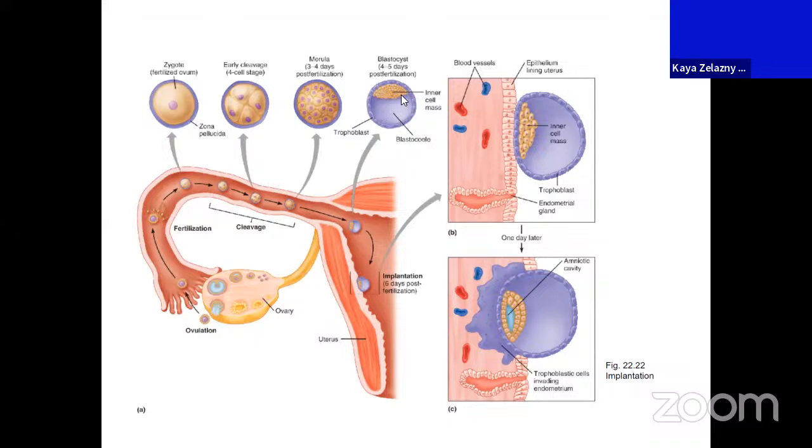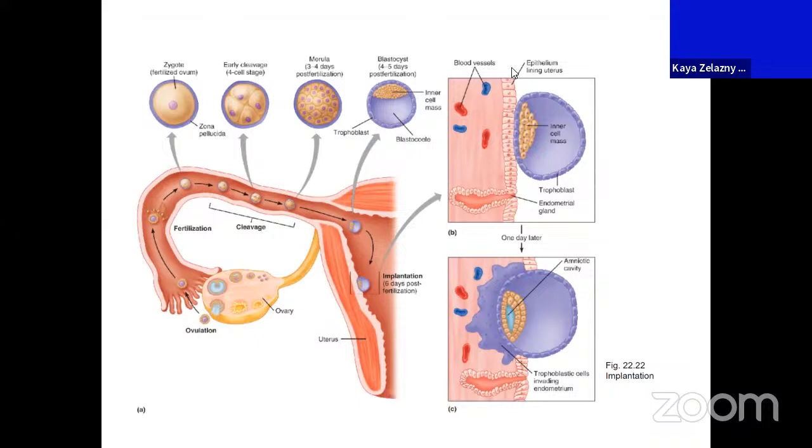So we start to develop an inner cell mass and then an outer surrounding region. And that's the state we're at as we move into the uterus and implant on that lining of the uterus.